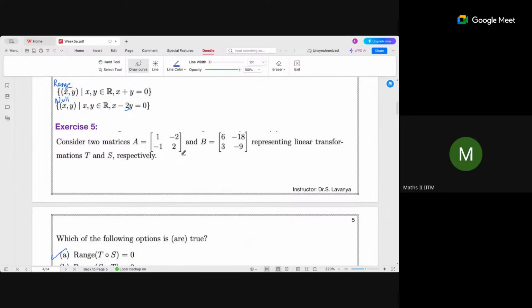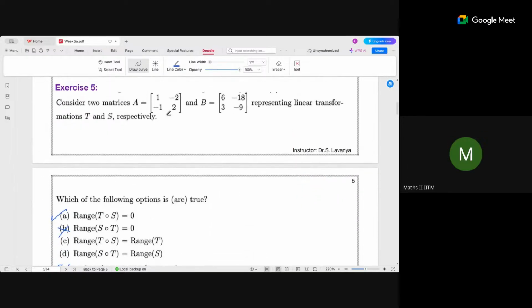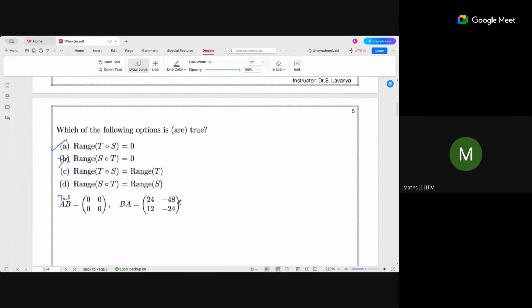And from here you see the range of T is the span of (1, -1), and the range of S is the span of (2, 1). Now this is your BA, and from this you can say the range of BA is the span of which vector?